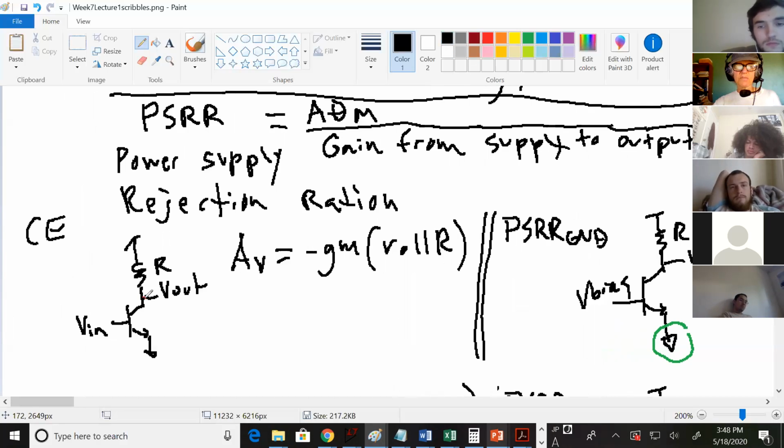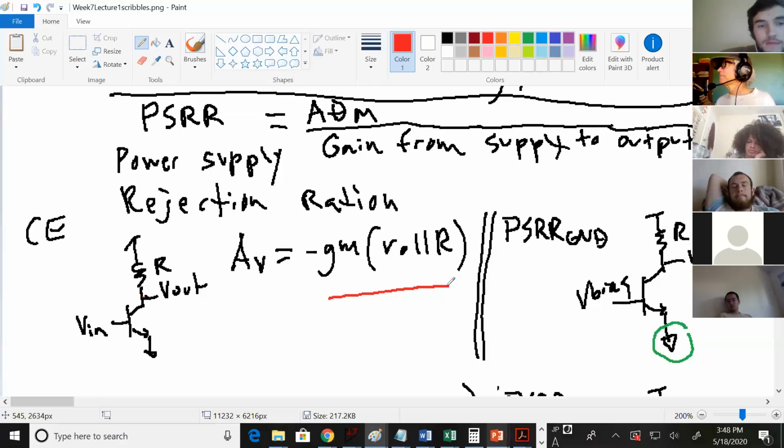Let's use a common emitter. The denominator will make sense in a minute. So the gain of the common emitter, seen that a bunch of times, is this right here. That's the gain you want.